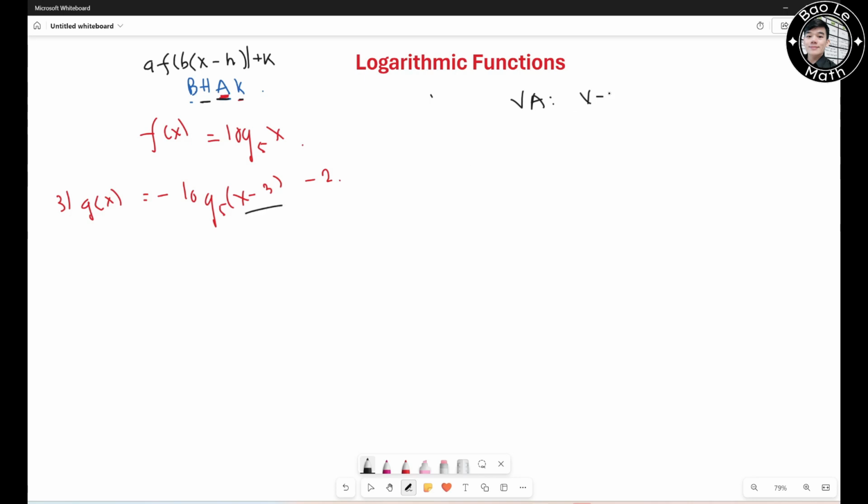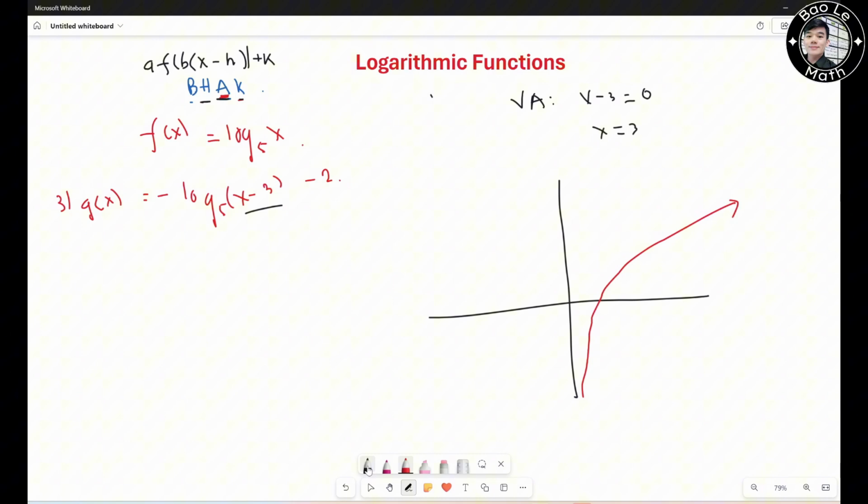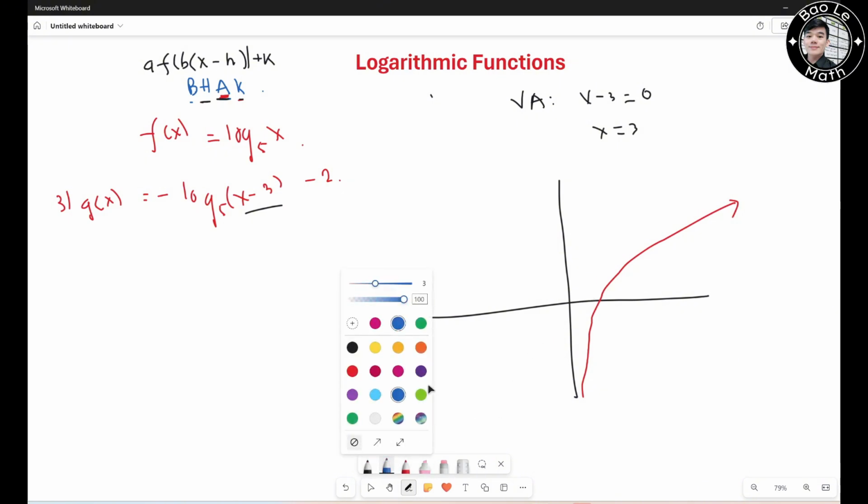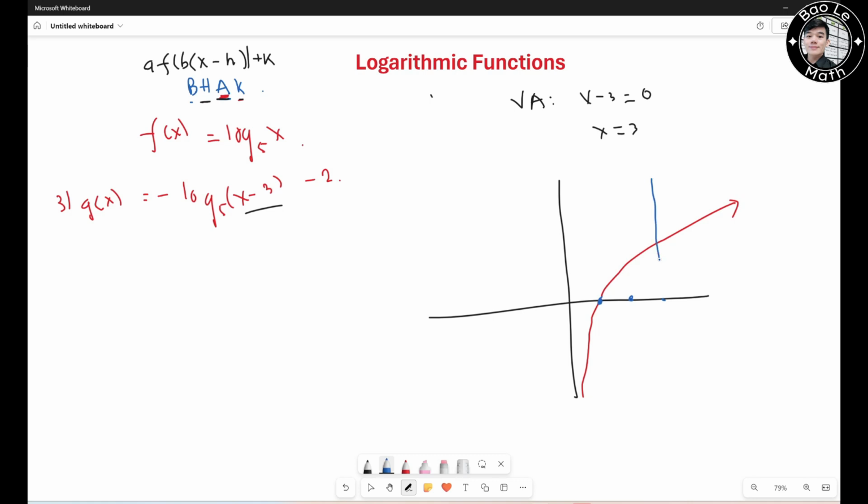So s minus 3 equals 0 and s equals 3, right? So if I graph it, original function is going to be something like this, right? And then this is 1, 2, and 3 right here. So vertical asymptote is going to be right here, s equals 3.